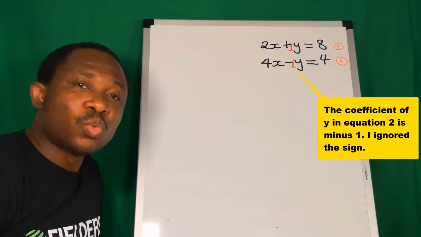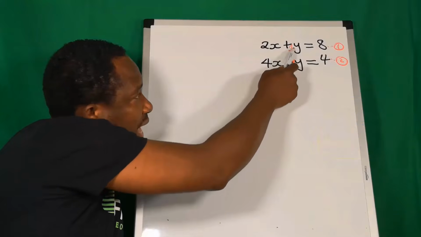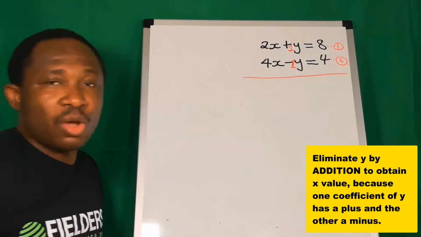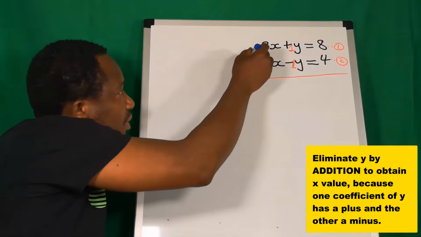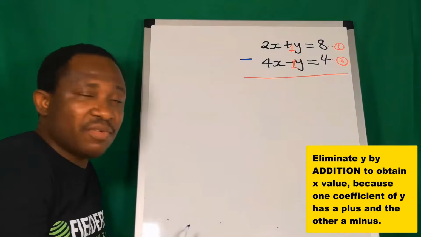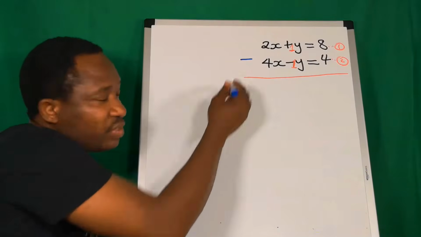Remember, when it is 1, we don't usually write it. Since the coefficients of y are the same, I can eliminate one of them. However, I'm not going to use a minus because one of the y's here has a minus. Let me just make this mistake of using this minus.